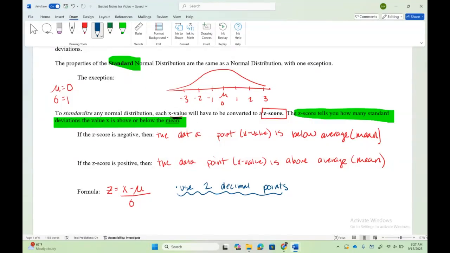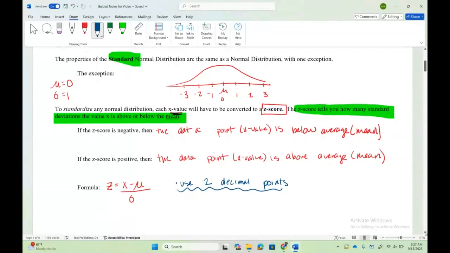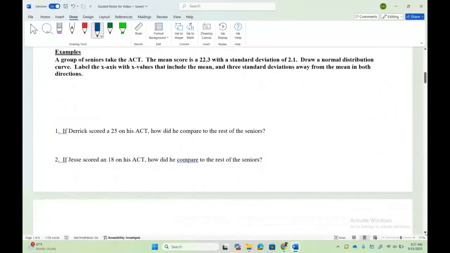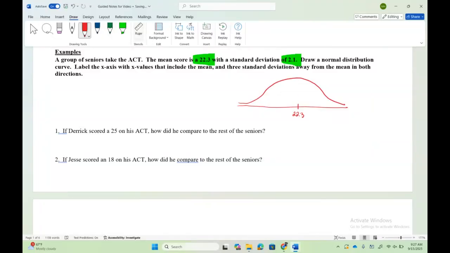All right, so here's an example of how the z-scores are going to work and why they're useful. We have a group of seniors who take the ACT. The mean score is 22.3 with a standard deviation of 2.1. What we're used to doing is putting the mean right here in the middle and adding 2.1, so we'd have 24.4.